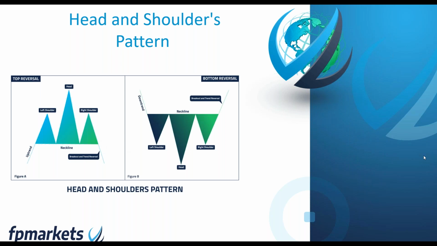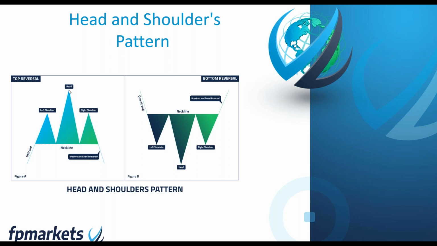As for the pattern's price target, the textbook approach is to measure the height from the head to the neckline in a vertical fashion, and quite simply add this to the breakout price. Now, what do I mean by this? So we have the head of the formation and we have the neckline position down here.